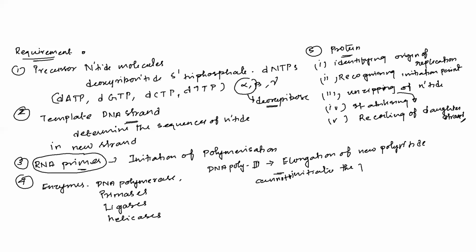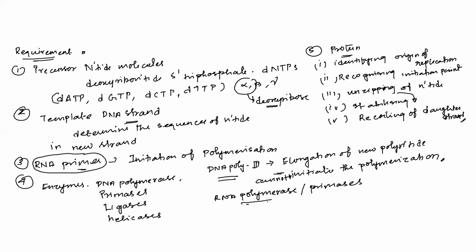That is, it cannot add the first nucleotide to start the synthesis of the daughter DNA strand. It can add nucleotide only when a chain of nucleotide is already present. So for the initiation to occur, especially in the lagging strand, it requires an RNA enzyme known as RNA polymerase, or primase.